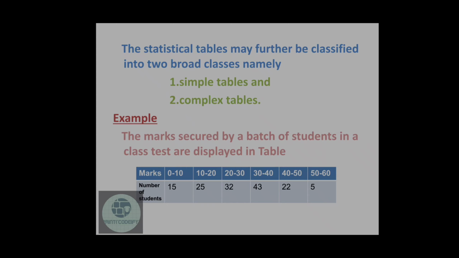This table is based on a single characteristic, namely marks, and from this table we may observe the number of students in each class of marks. Questions such as the number of students who scored in the range 50 to 60, the maximum number of students in a specific range of marks, and so on can be determined from this table.